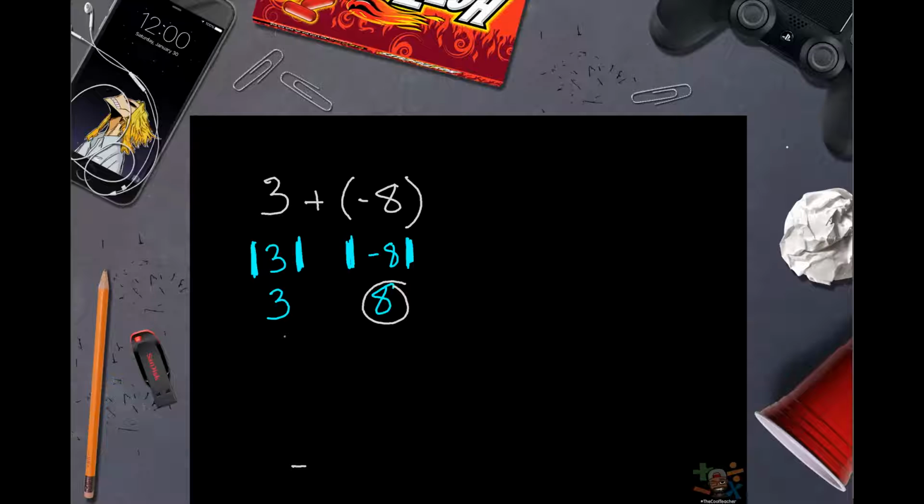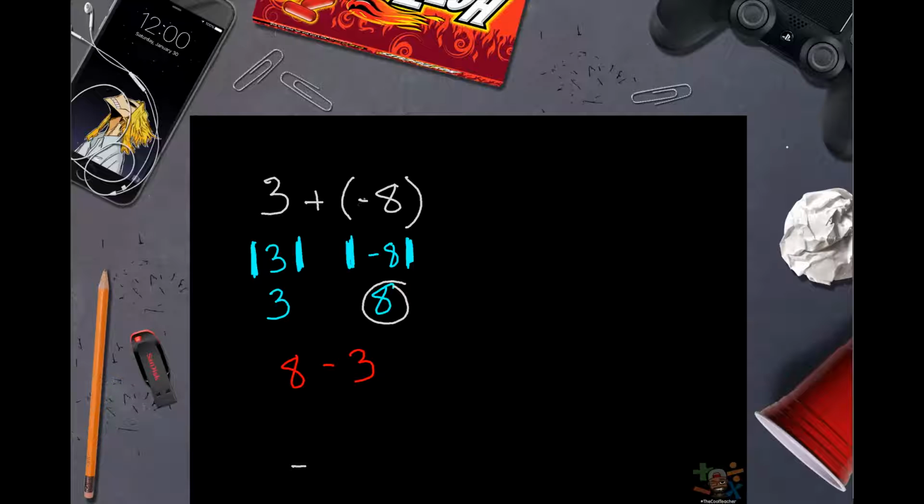Now from here I subtract the two numbers. I don't subtract them how they're written. I subtract the smaller number from the bigger number. So 8 minus, definitely not 5, but 8 minus 3. The reason we're subtracting these two numbers is because these signs are different.